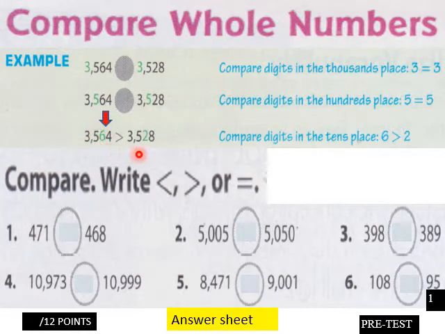This one here is obviously larger than this number here because of the tens place. 6 is larger than 2. So go ahead and students use this sign or this sign or this sign for the relations between these two numbers here in each one of these questions.